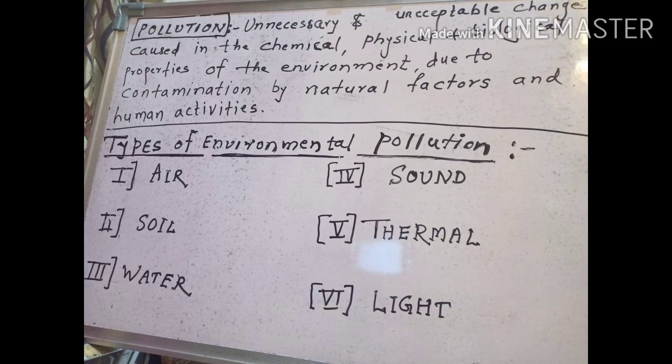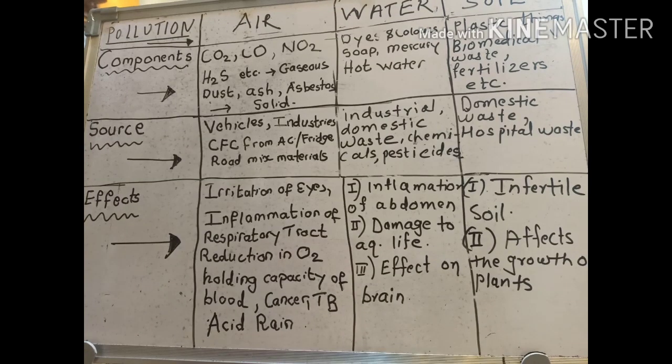So we move on to the causes, the sources, and measures for controlling the different types of pollution, including their effects on the environment and the living beings in the environment. So students, we will have a look at the three main types of pollution, that is air, water, and soil pollution, right?